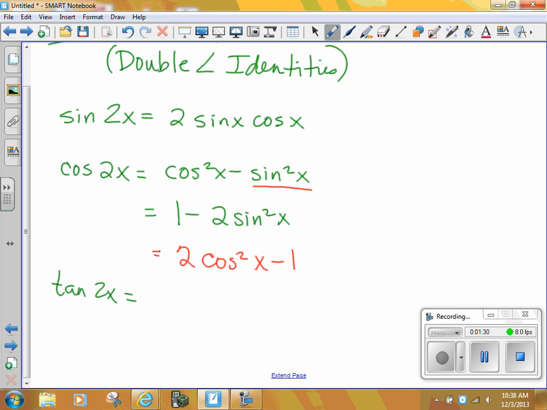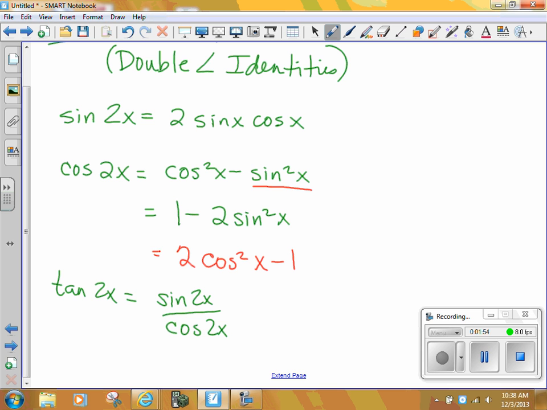So the easiest way would be to find sine of the double angle divided by cosine of the double angle. Use that one only if you have already had to find the sine of the double angle and cosine of the double angle.